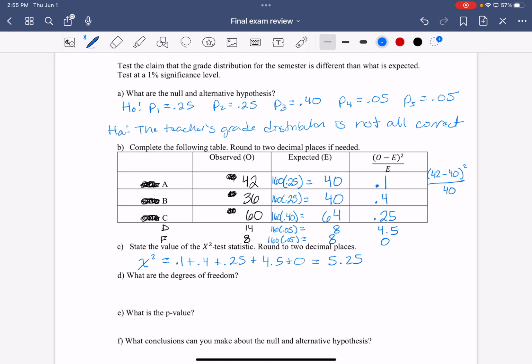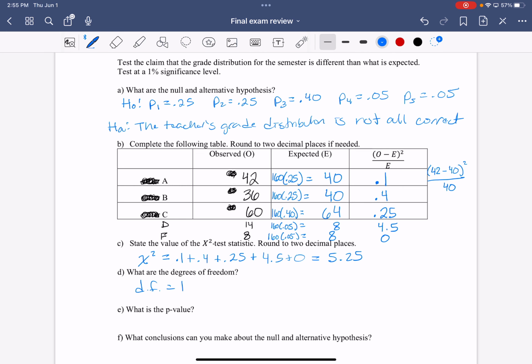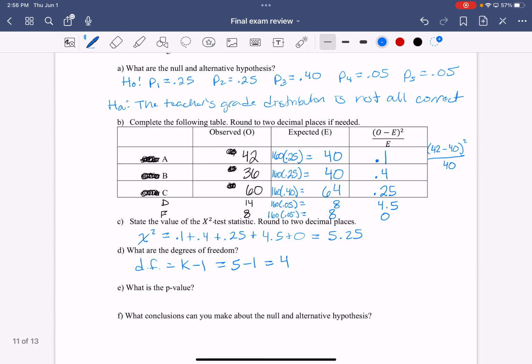Part D, the degrees of freedom, which was k minus 1. What's k in this case? The options. 5. Why is it 5? There's 5 grades, right? A, B, C, D, or F. There's 5 categories. And then 5 minus 1 is 4. What is the p-value?